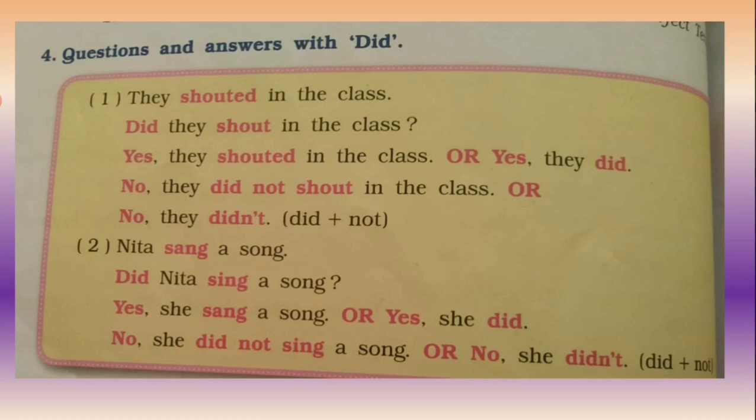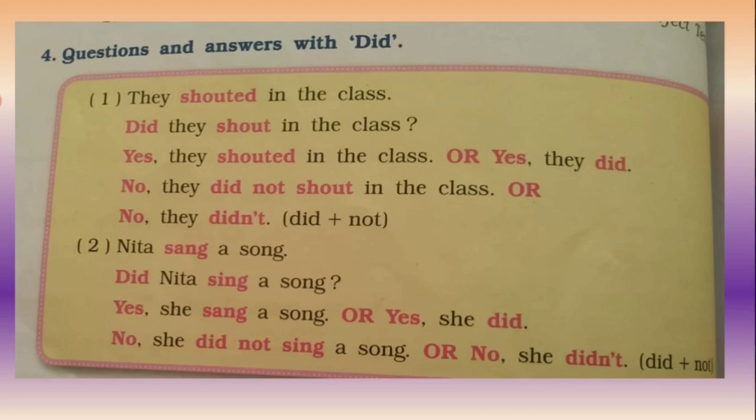Let me see. They shouted in the class. So, did they shout in the class? Yes, they shouted in the class, or yes, they did. Here, at first we keep did. So we will keep here the base form of the verb shout. We will not keep here shouted.